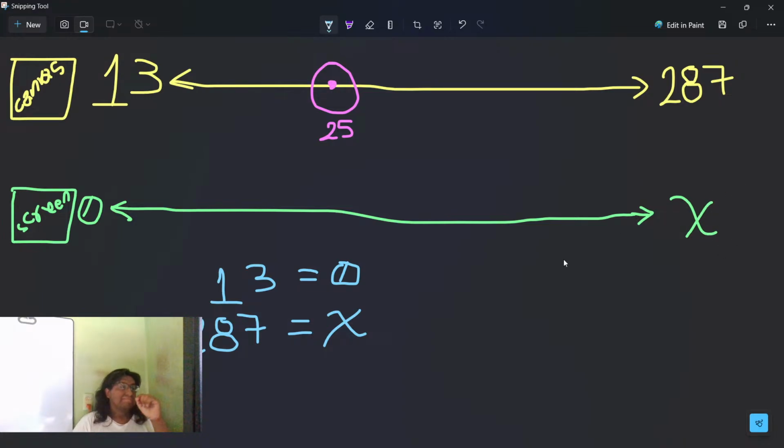If this is the case, where in the world is 25 in this line?